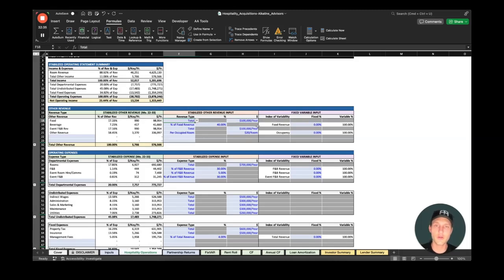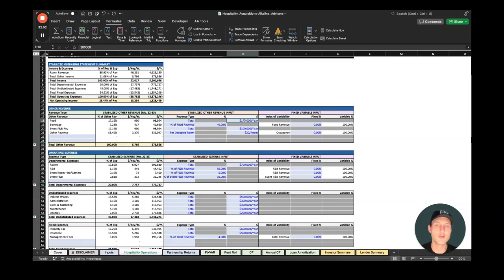We can select total and just say Y dollars per year total. Or we can say it'll be a percent of room revenue. And for the percent of room revenue, it'll be X% of the revenue at a room level for stabilization.